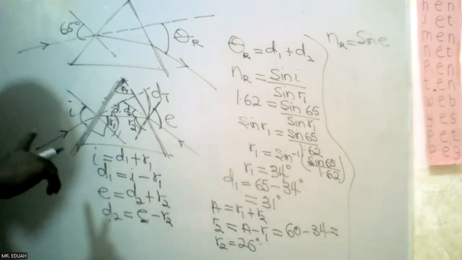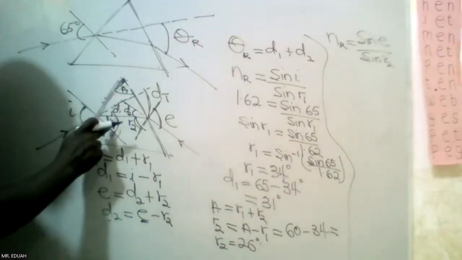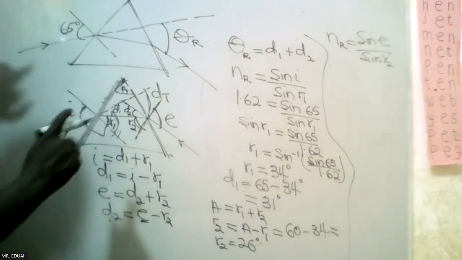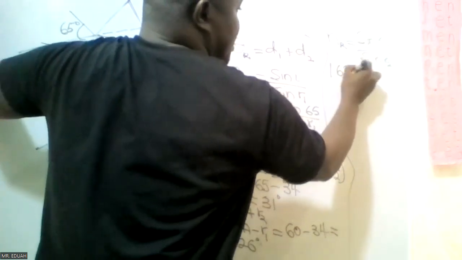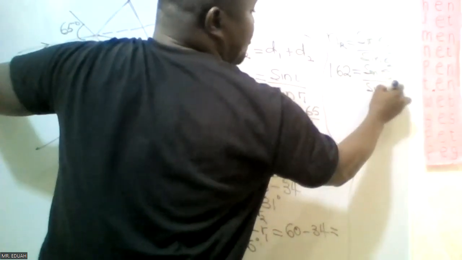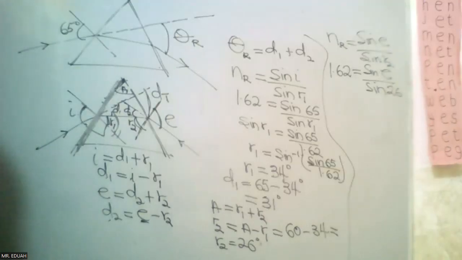It is still from air to prism, so it is still absolute refractive index. So we have 1.62 equal to sine of E over sine of 26. And so we can find the value of the angle of emergence.